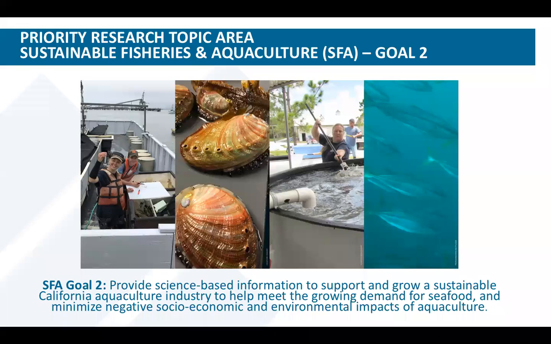So that's what we're relying on, and we're looking to the larger academic and industry partners to help us get the needed research that NOAA and National Sea Grant and our program really care about and would like to invest in for this particular cycle of funding.